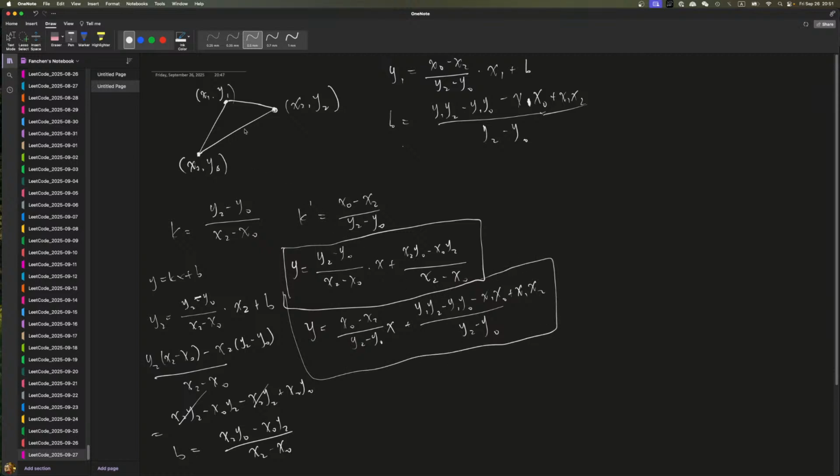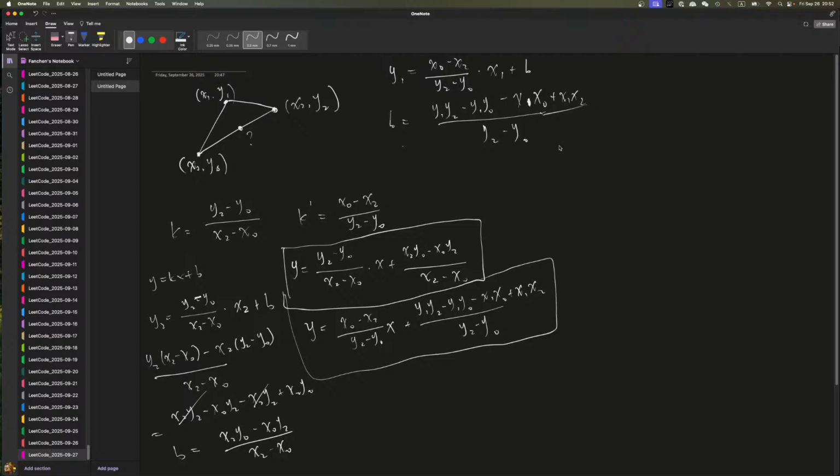Now I want to know what this point is. Because when I get this point, I can find out this. So I put them together, and I moved this one here.